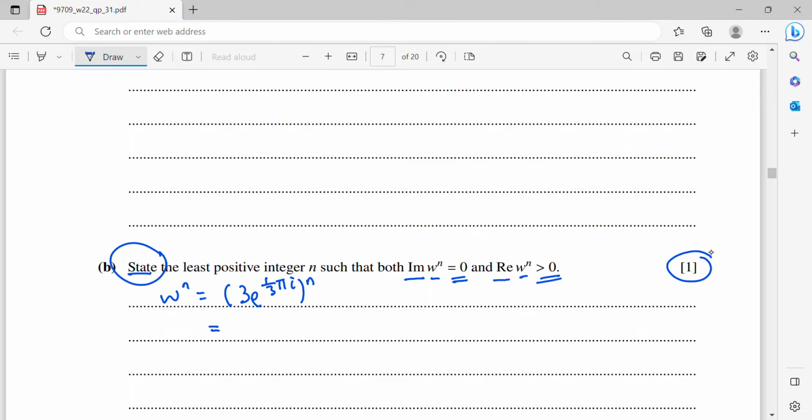So here it can be simplified into 3^n e^(1/3 nπi).